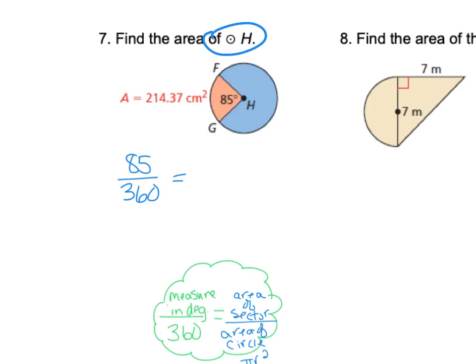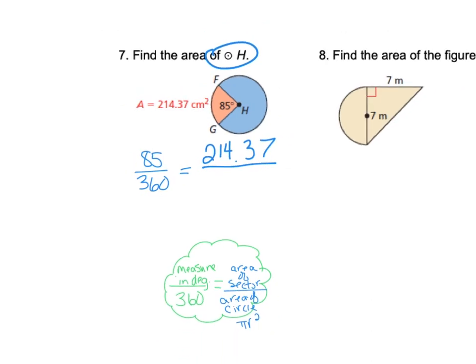So the area of the sector over here is 214.37. What we want to know is the area of the circle. We don't need to know the radius because the whole area of the circle is the denominator over here. So we can just call that x.